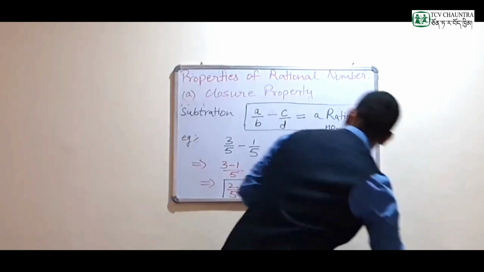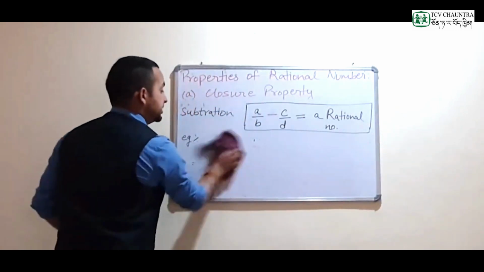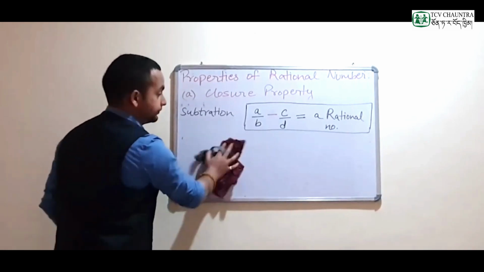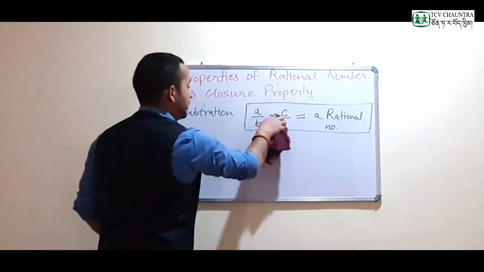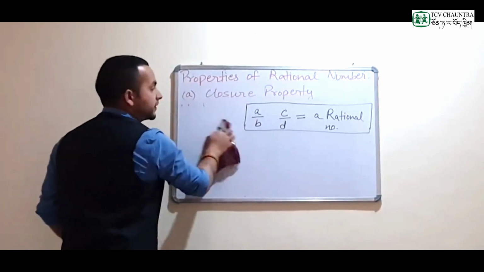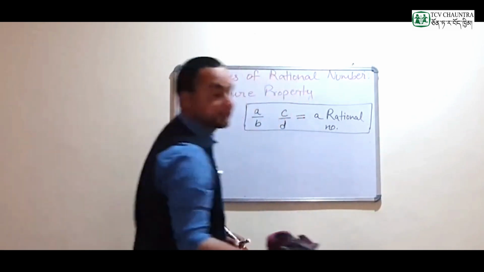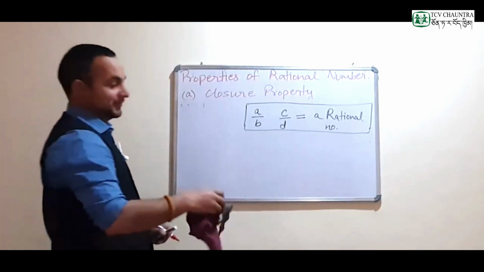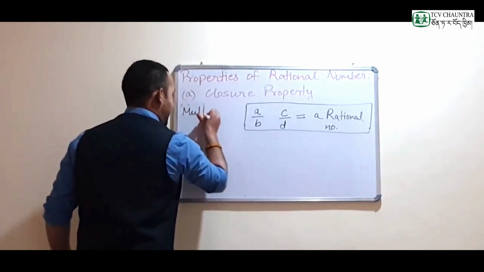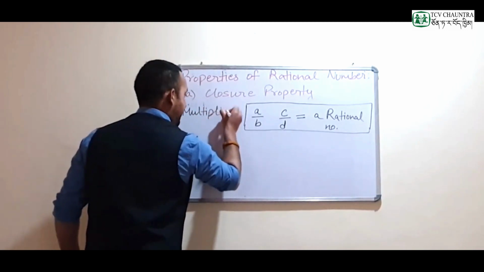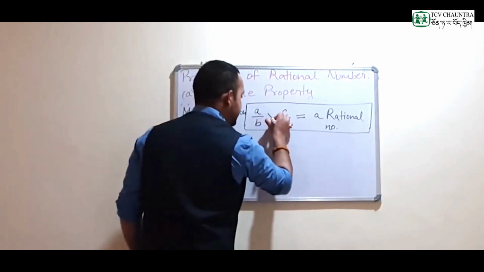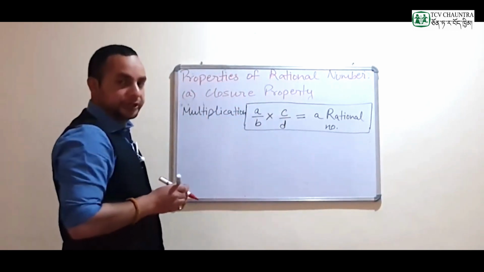Now we are going to check for multiplication. The formula is same, the only difference is the operation.